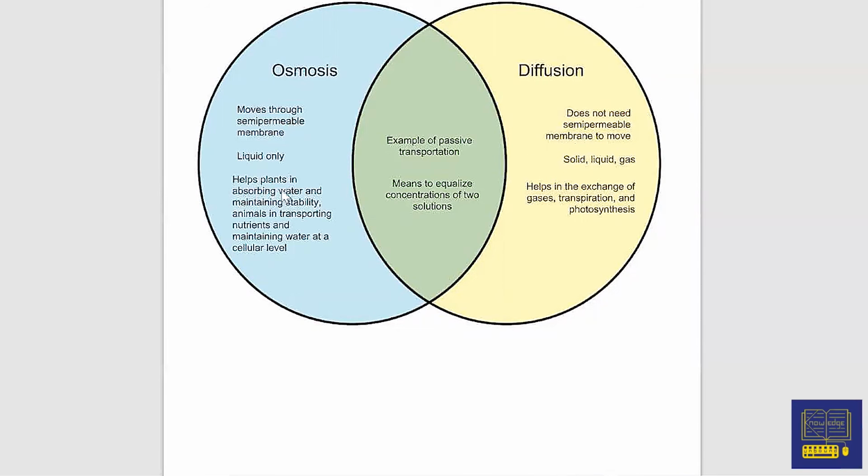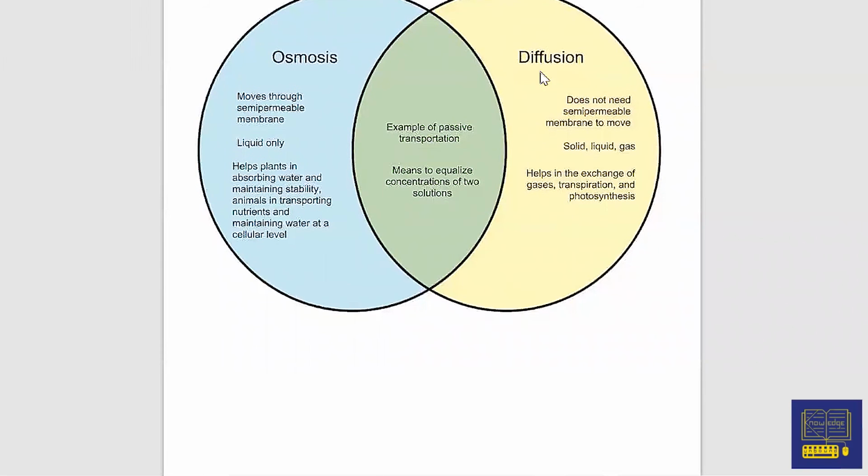Osmosis helps plants in absorbing water and maintaining stability, and animals in transporting nutrients and maintaining water at a cellular level. Now, diffusion does not pass through a semi-permeable membrane.